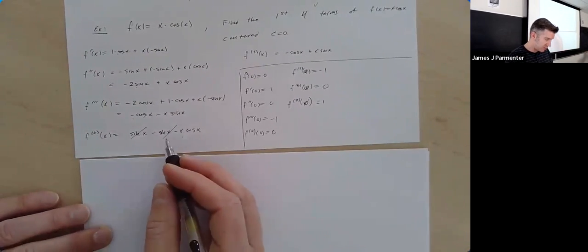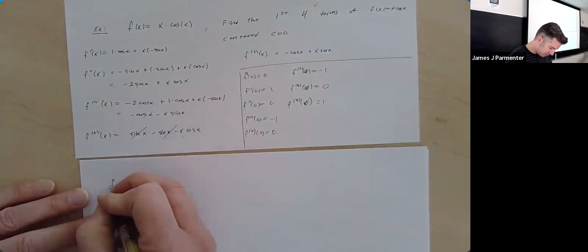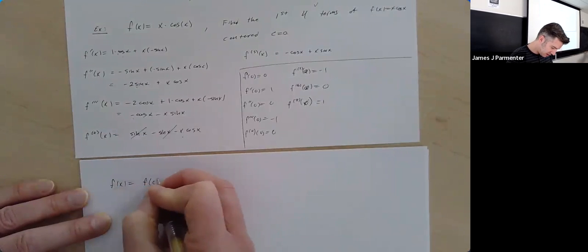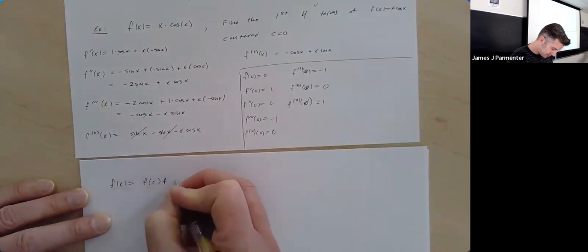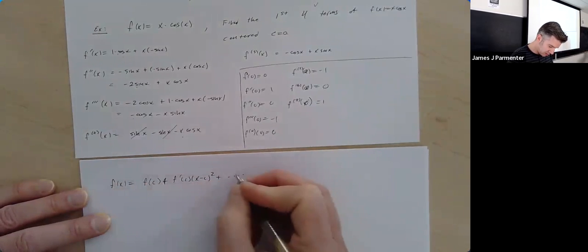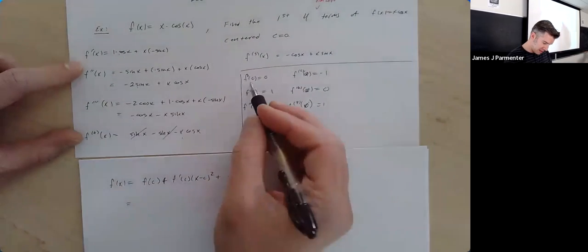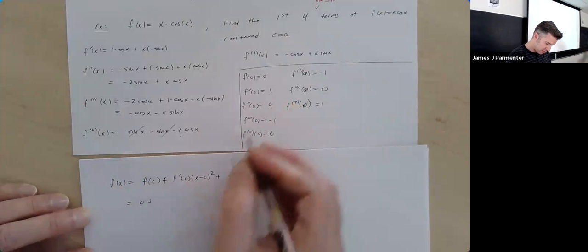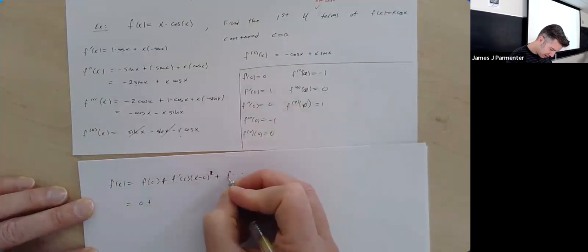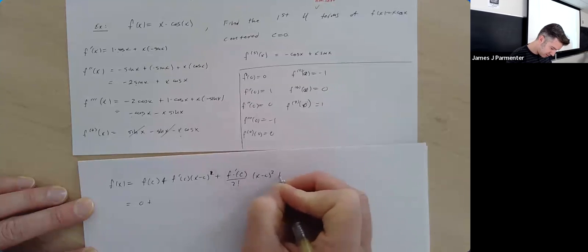So if I was going to write the first 4 terms, I could do it this long way by saying, okay, my function is going to be f of c plus f prime of c times x minus c to the first, and so on. The next term would be f double prime of c over 2 factorial times x minus c squared.